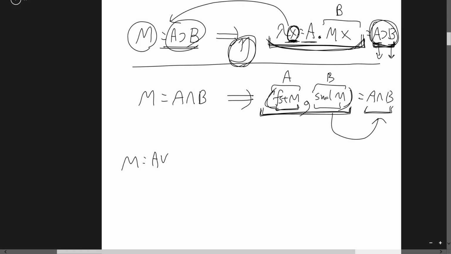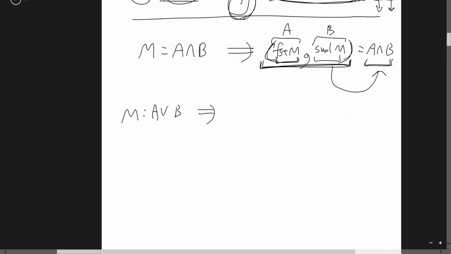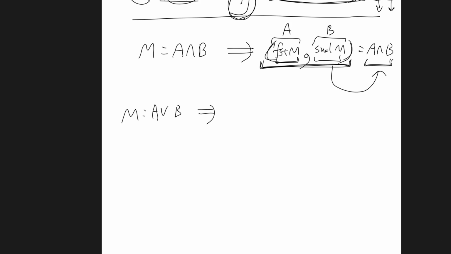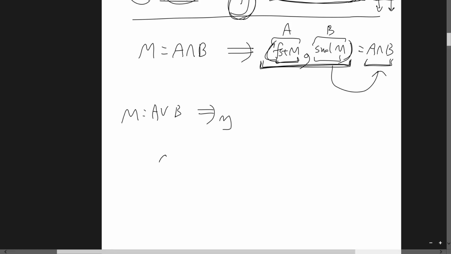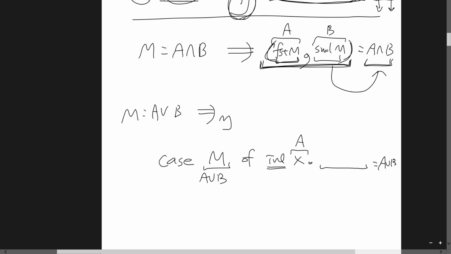In the case of disjunction, you perform case analysis. So you perform case analysis on this proof term of type A disjunction B. If this was injection left, then perhaps this one has type A, because this is injection left. And then now you have to build another proof term of type A disjunction B, and it's pretty easy.